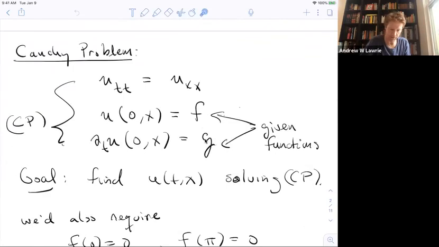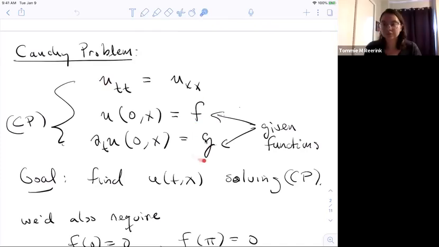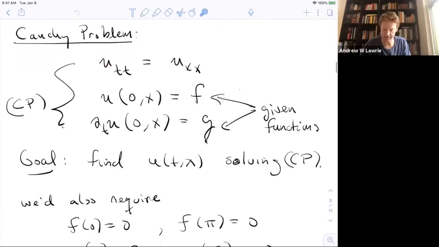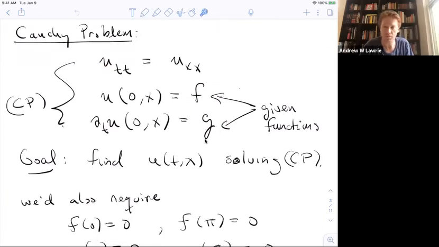So like you said, we were trying to solve the wave equation, and we were given the initial position of the function, the initial configuration, and its initial velocity. You're asking where we made use of g, right?